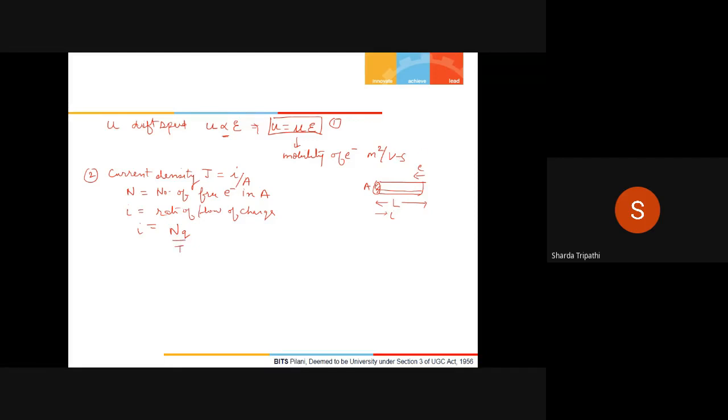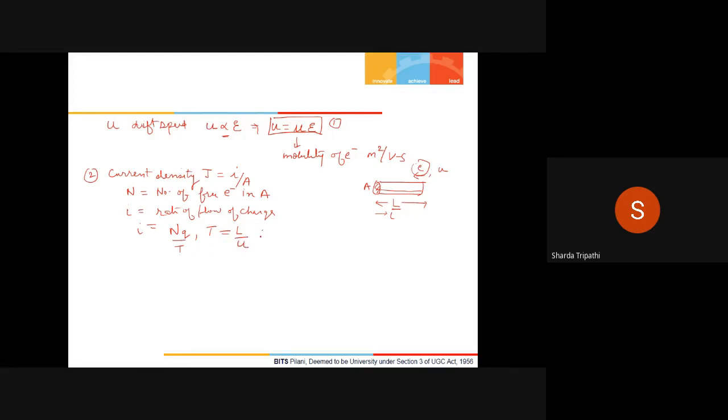Further, we know how much distance this electron is going to cover. It is going to cover distance L, and also it has speed u. So from the principles of speed, distance and time, I can say that the time the electron takes to move from one end to another with drift speed u will be given by t is equal to L by u.